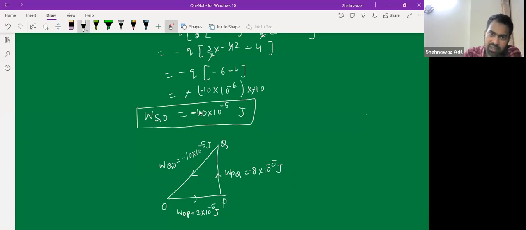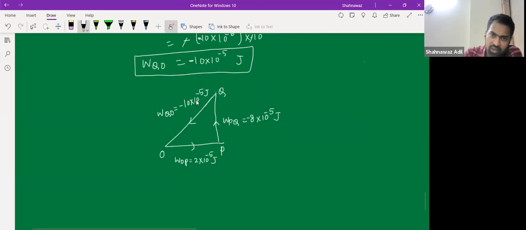So you see that, what did I get? The total work done would be how much? Total work done in a closed path. This is a closed path OPQ.